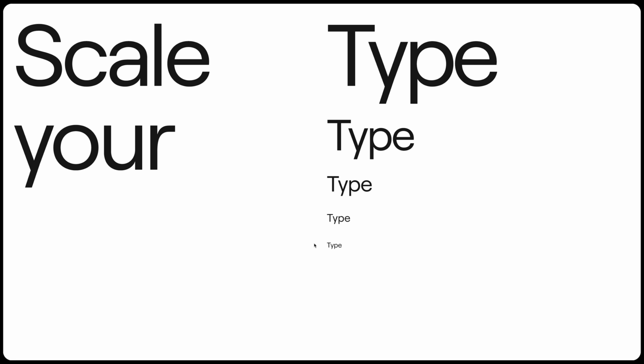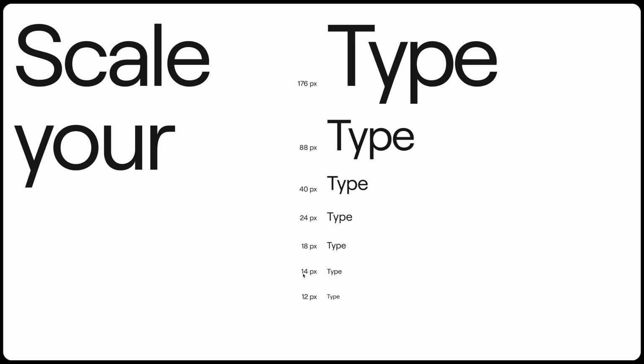The next step is to start scaling your type. And I like to start with a very high contrast approach. And then based on the need of the project, you can tone it down a little bit. And also keeping in mind that the smaller the type is, the more noticeable the jump is between the sizes.